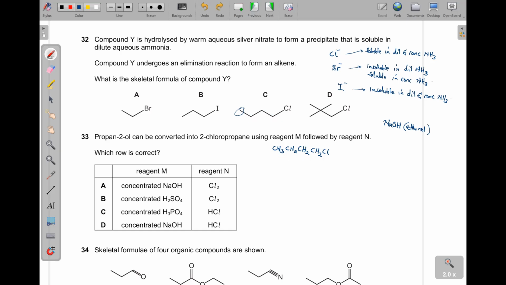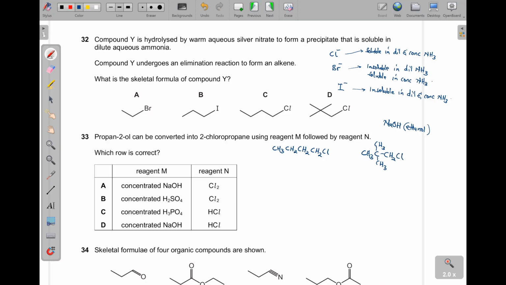And then next, this one here, there is this carbon here. It has 3 methyl groups. So we have CH3, then C, there is a CH3 here, and then there's another one here, and then there is a CH2 here, then a chlorine.